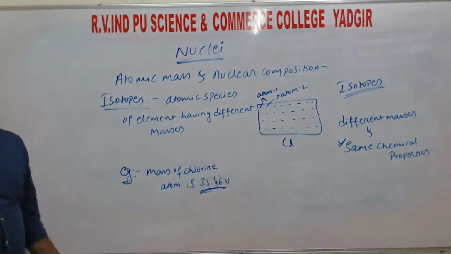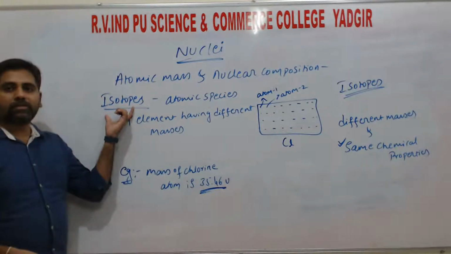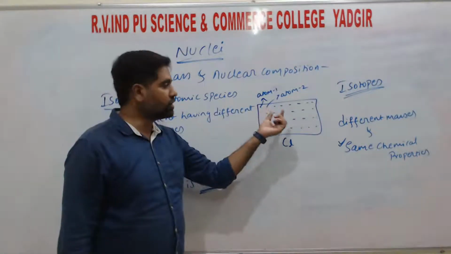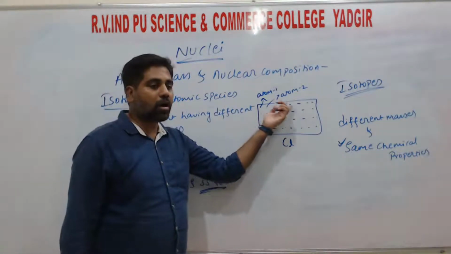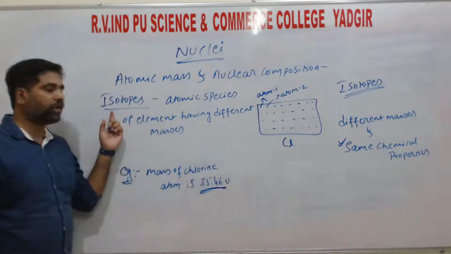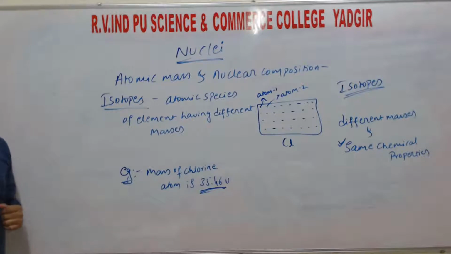So for that we give the name isotope. So what are isotopes? Any element which consists of atoms, but each atom having a different mass. So in simple words we call that isotopes, right?